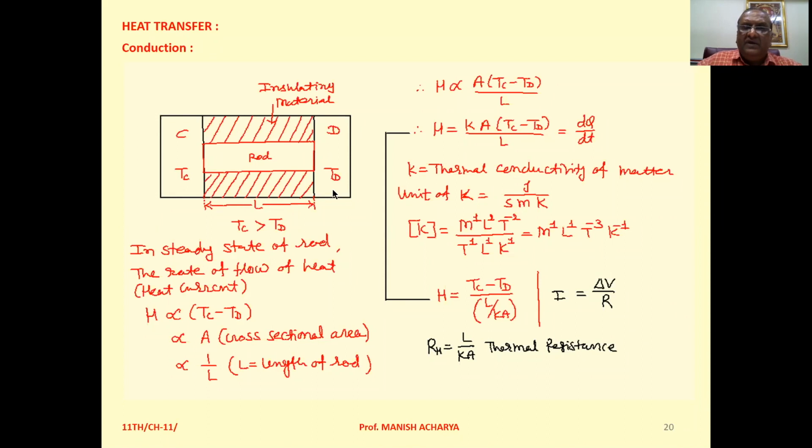Now, here the heat will be transferred from high temperature to low temperature. Suppose here temperature of the system C is greater than that of D, meaning TC is greater than TD. So from C to D, heat will be transferred through this particular rod.